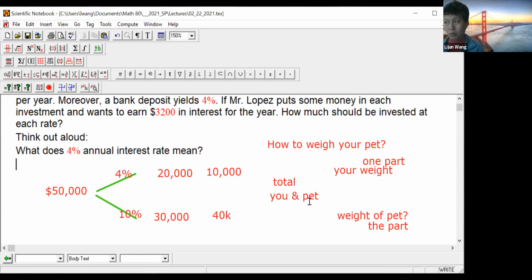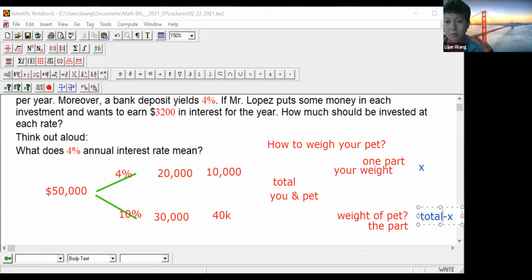So this is the total, right? And this is the X. I'm going to change the color. Okay, this is X. What's the weight of your pet? It will be the total minus X, right? Do you see that?